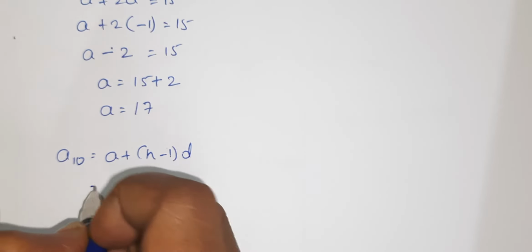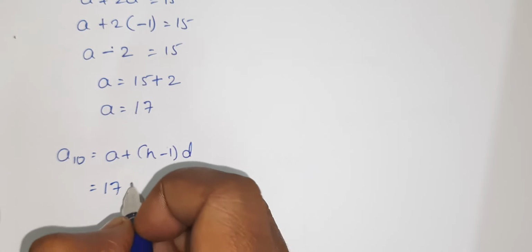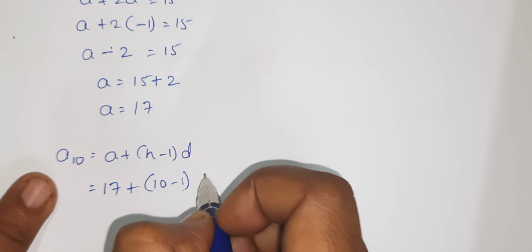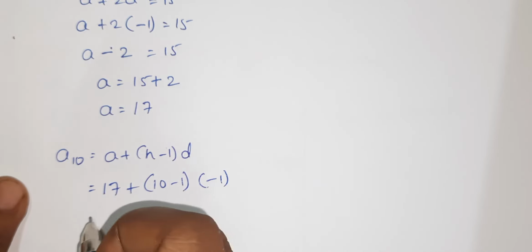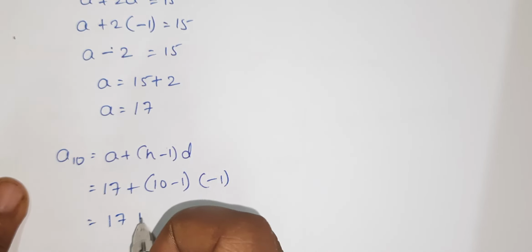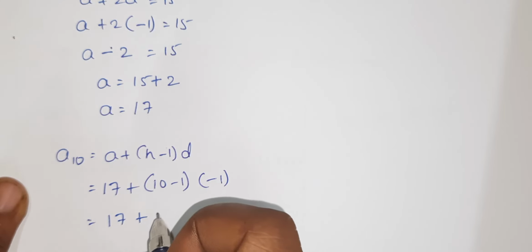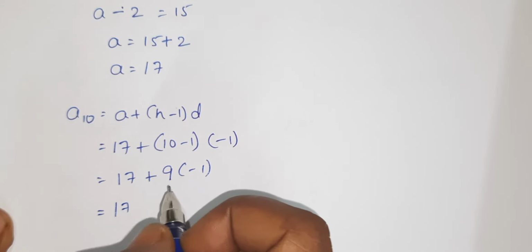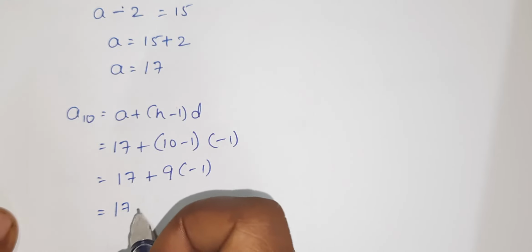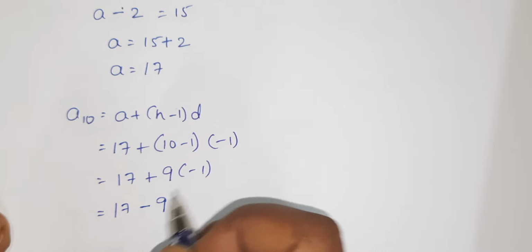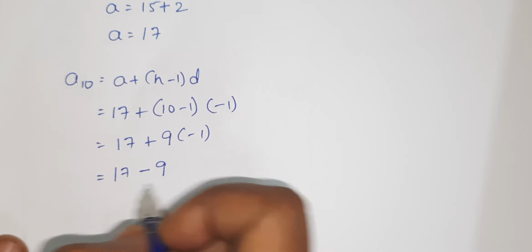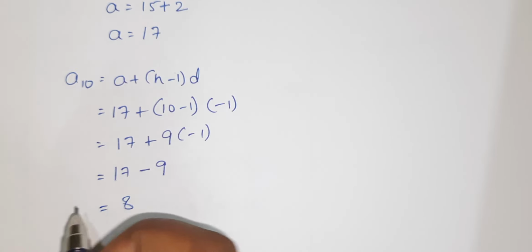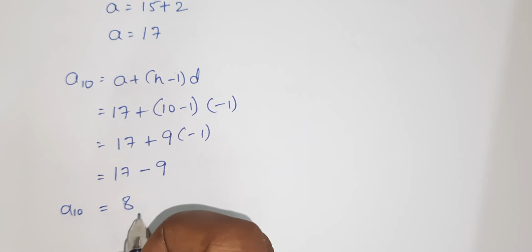Here a is 17 plus n is 10 minus 1, and the value of d is minus 1, which is 17 plus 10 minus 1, it is 9, into minus 1. 17 plus 9 into minus 1, it is minus 9. 9 ones are 9, but the sign is minus. 17 minus 9 is 8. So the value of A10 is 8.